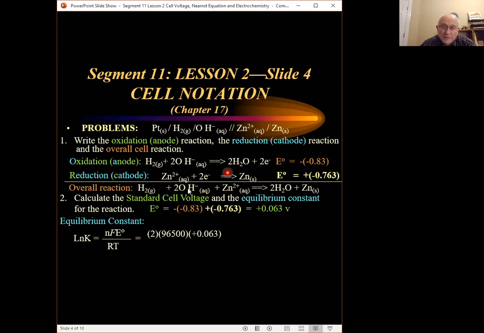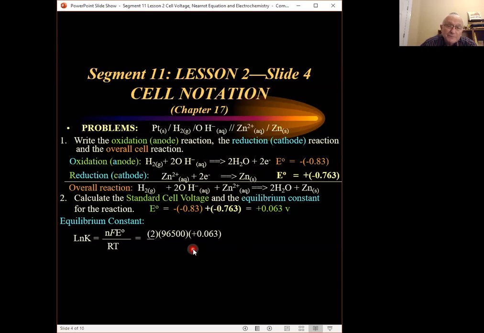In this case, it was 2 and 2 is not a biggie. But if I had to multiply this first one through by 3 and the second one through by 2, it would be 6 moles of electrons that was canceled out. Not either 3 or 2. It would be 6. Oh, that's probably B or C on the exam.